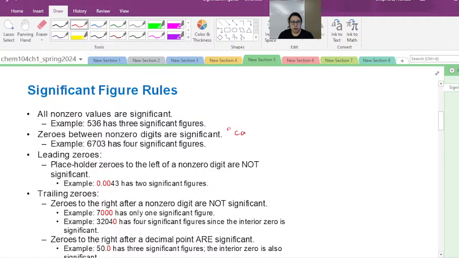This is called the captive zero rule. All this means is if you have a zero trapped between other non-zero numbers, then that zero has to be significant. So this number, 6,703, again has 4 sig figs, so maybe this is a balance showing you that all those numbers are significant.